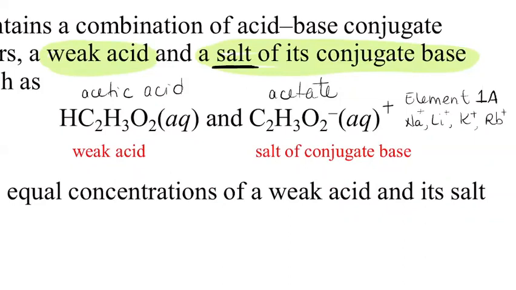So as long as you have that conjugate base of the weak acid, the way that we make it a salt is specifically by pairing that conjugate base with an element from group 1A from the periodic table.